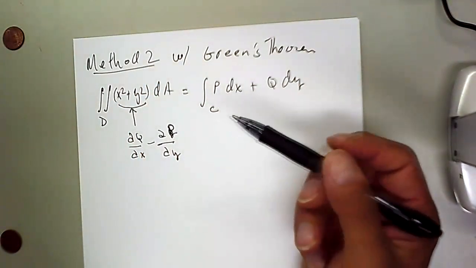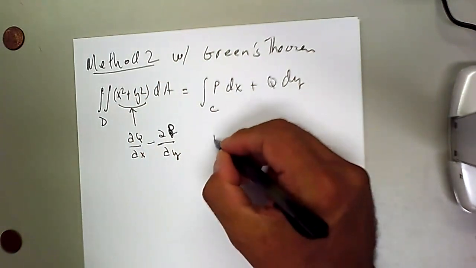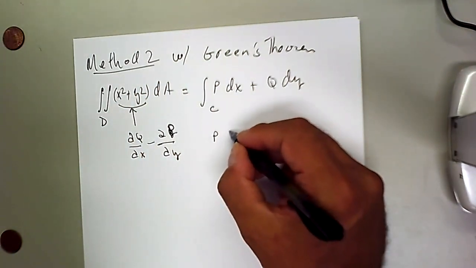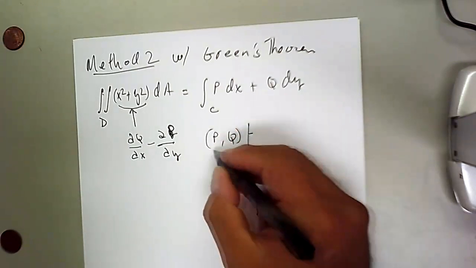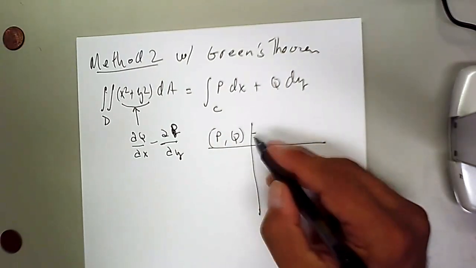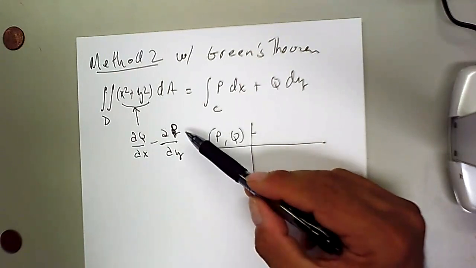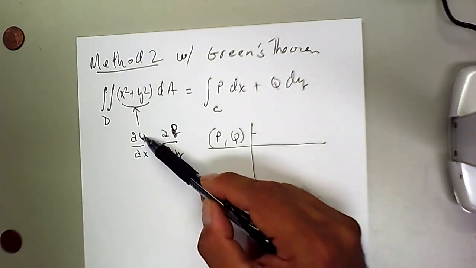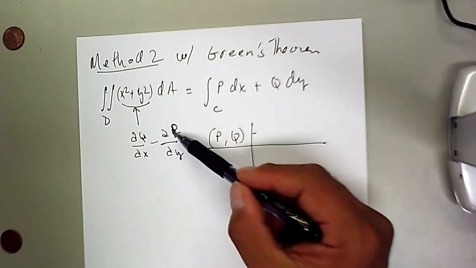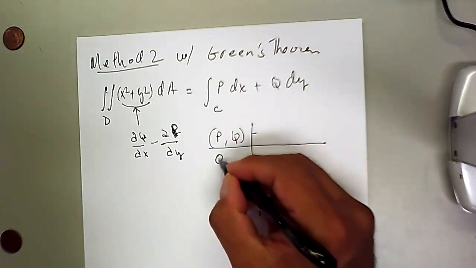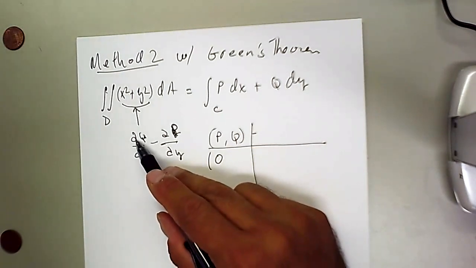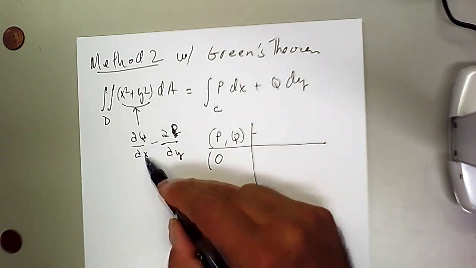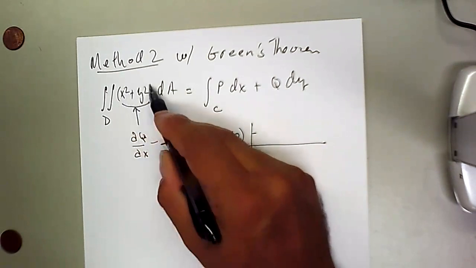And there are many possibilities for P and Q. Okay, let's make a table. So one possibility is I could set P to be 0. There we go. So that Q carries all the weight. So when we do the partial of Q with respect to x, we get this all at once.